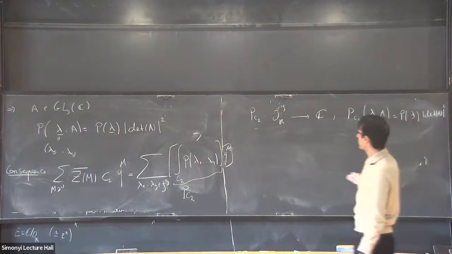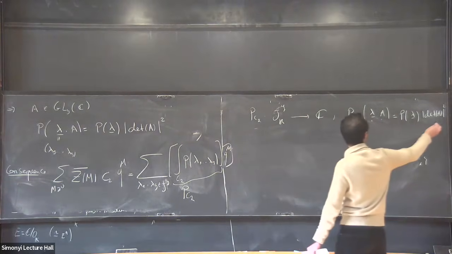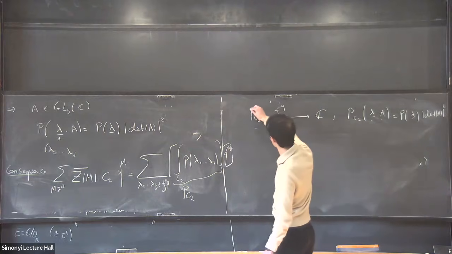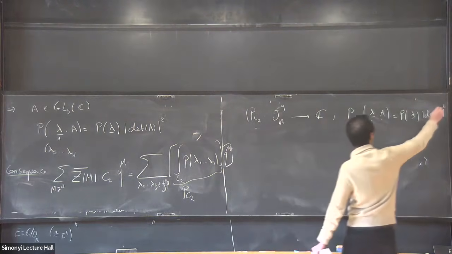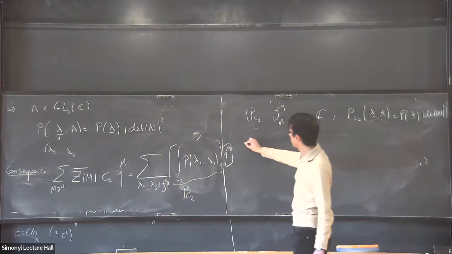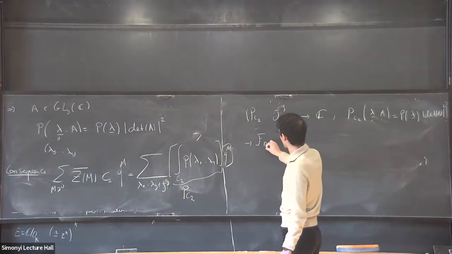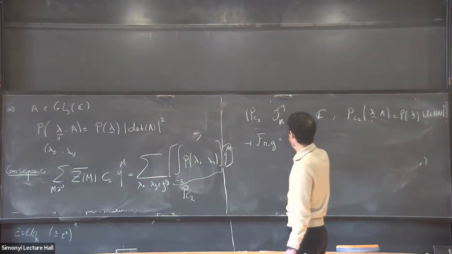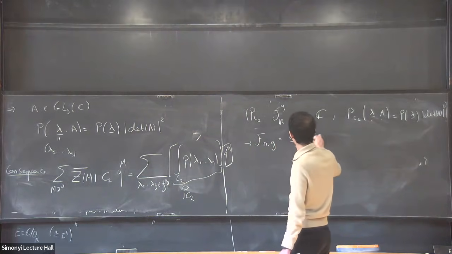So let's call the space of such polynomials, the polynomials that satisfy all these conditions here, F_{N,G}.